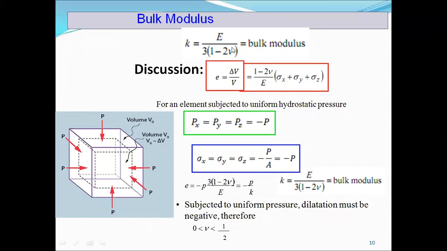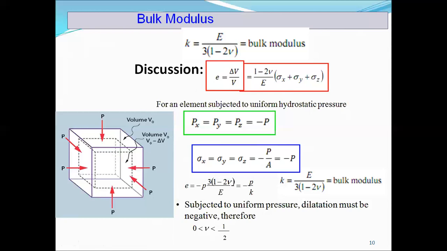Let's discuss how we got this mathematical model for the bulk modulus. We discussed that dilatation is the change in volume per unit volume, and it is equal to 1 minus 2 mu by E times sigma x plus sigma y plus sigma z. Now assume that we are subjecting the material, or an element, to uniform hydrostatic pressure.